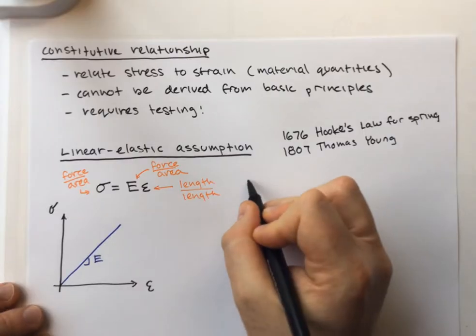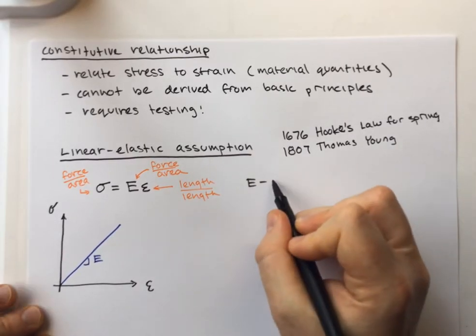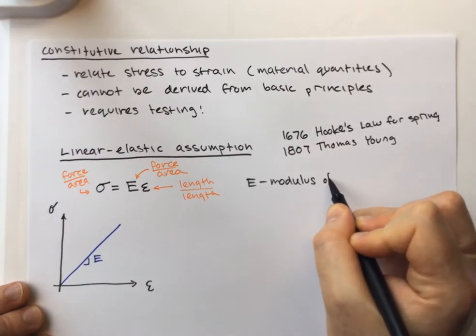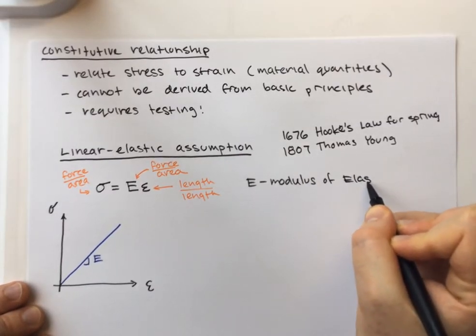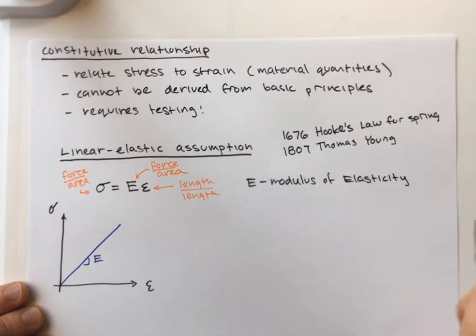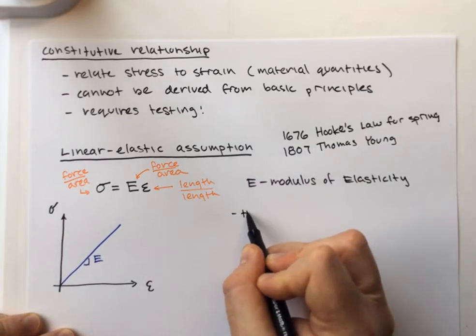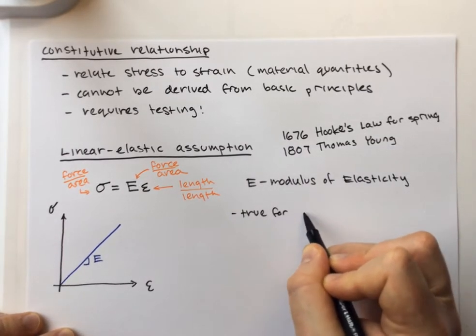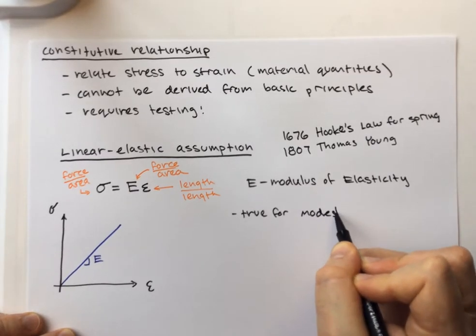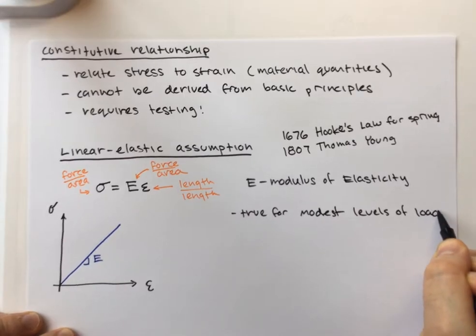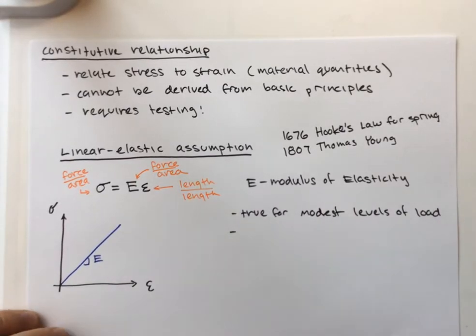And so just again, E is the modulus of elasticity, sometimes called Young's modulus, and it relates stress to strain. And this relationship is true for modest levels of load. And for many engineering applications, this is all we really need.